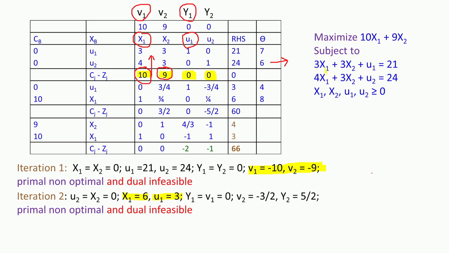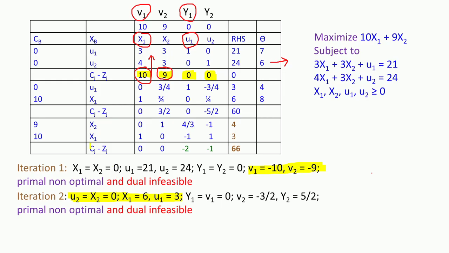So when I substitute x1 equal to 6, u1 equal to 3, it will give u2 equal to 0 and also x2 equal to 0, and it is fairly obvious that u1, x1 are in the solution, u2, x2 are non-basic with 0. So this is the primal basic feasible solution.